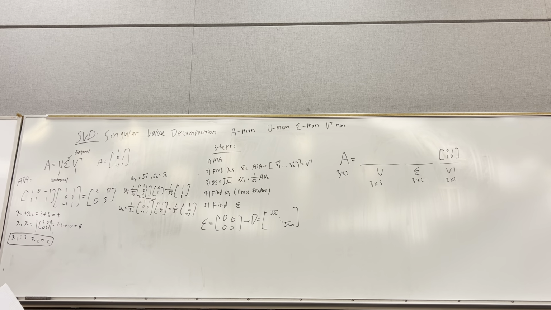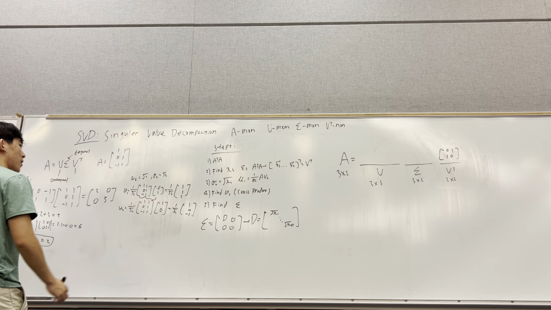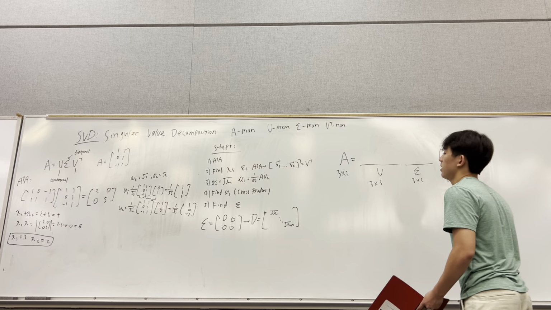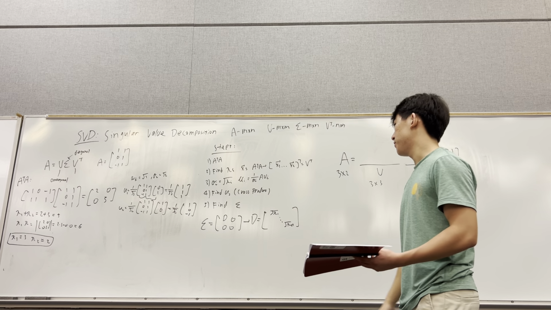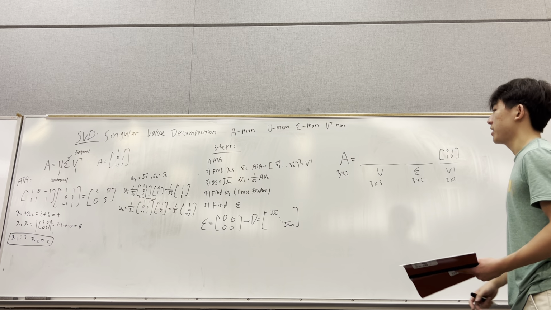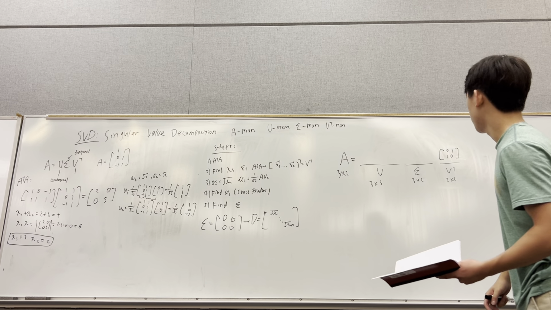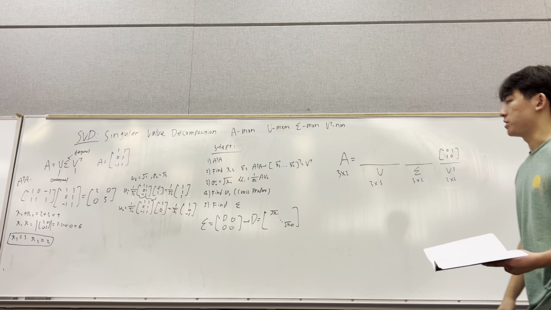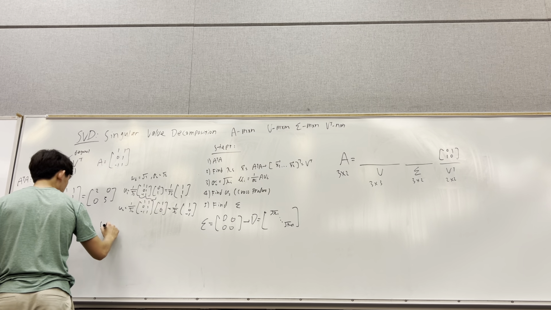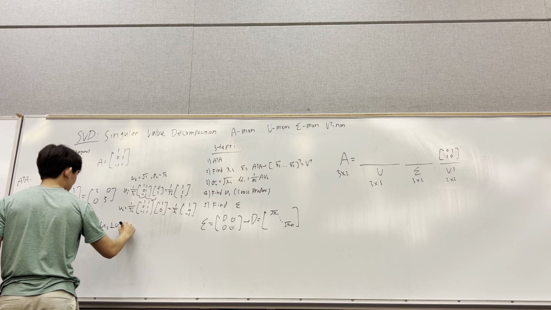Okay, and so again, if we look over here, we see that U has to be a 3 by 3 matrix. We found the first two column vectors of U, so now we have to find the third one. Conveniently, remember that U and V transpose are both orthogonal matrices. So we know that u3 has to be orthogonal to u2 and orthogonal to u1.